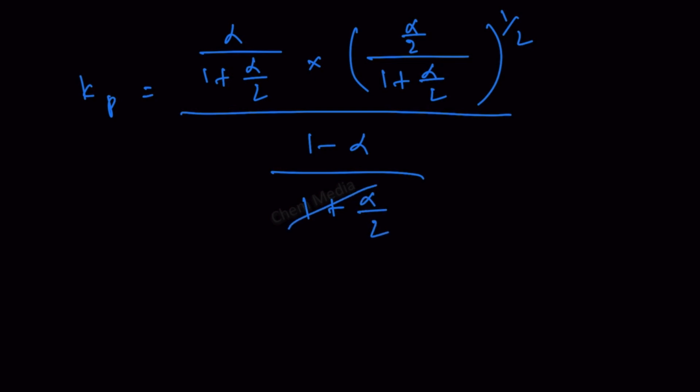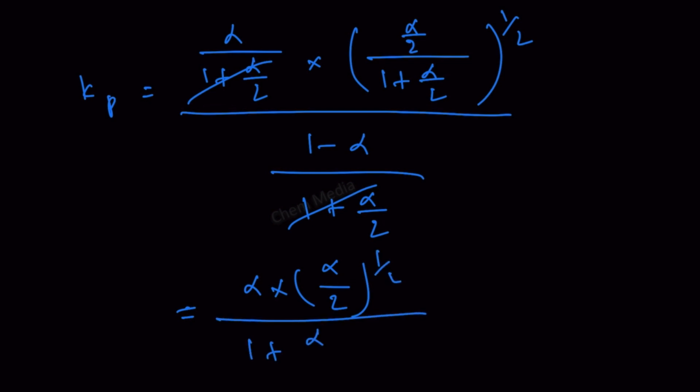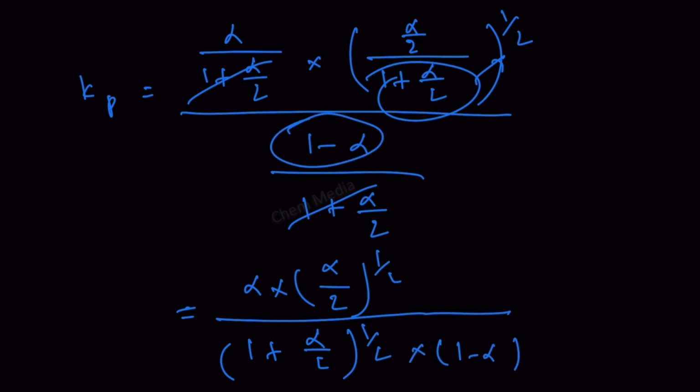The 1 plus alpha by 2 terms we can cancel. So this will be equal to alpha times alpha by 2 to the whole power 1 by 2, divided by 1 plus alpha by 2 to the whole power 1 by 2, because I am bringing this thing down, times 1 minus alpha, that is here.